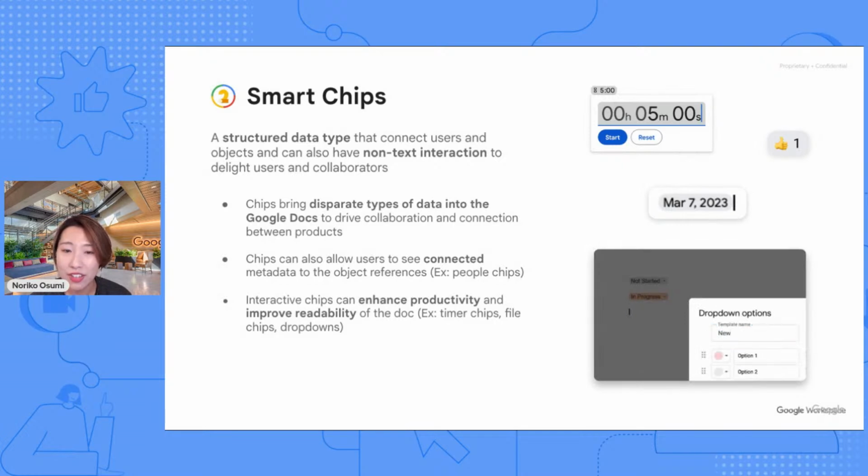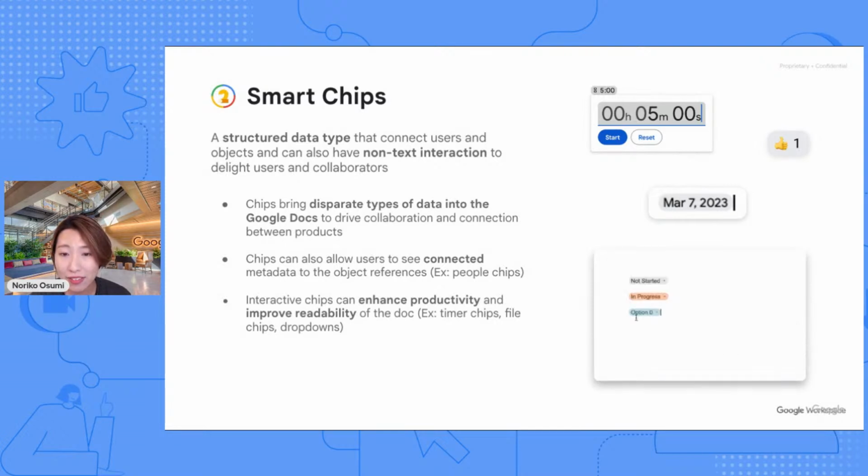And it will let the users know when the timer runs out. So I've worked through a number of these things, but think of smart chips as a collection of individual components that can now even live within your building blocks or just within a document by itself.